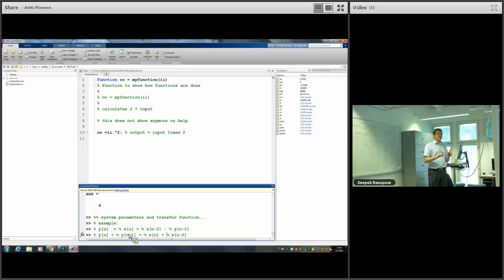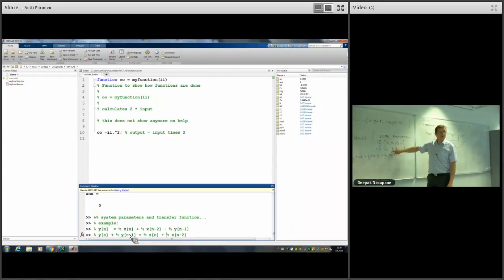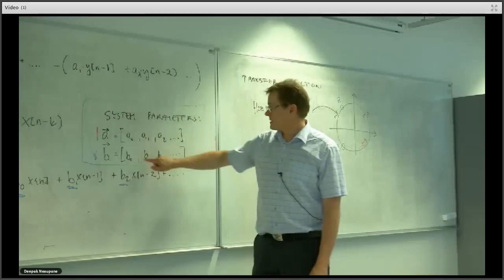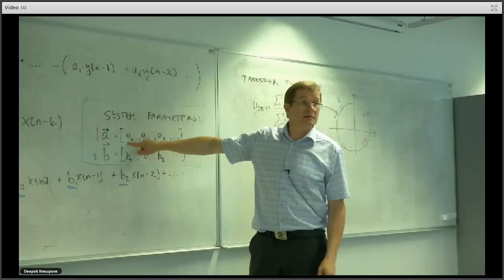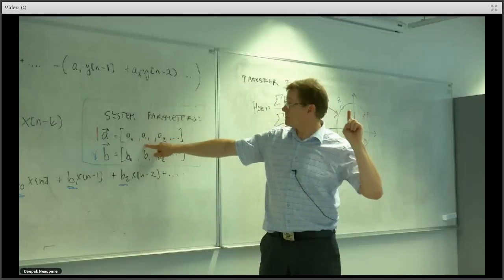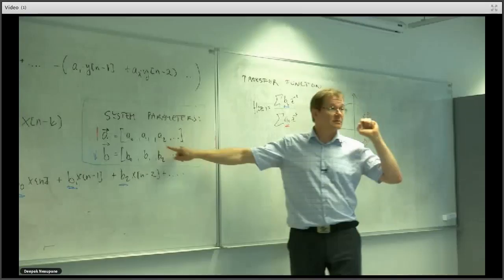If I formulate a vector which has just those half and half, it doesn't have any information about the x of n minus 1. So each of these vectors must have it there. So I have half, what is that one? Well, it must be 0. Right, so the vector is half, 0, half. For the a vector, the scaling factor for y of n is 1. Then the second term is half plus half. The third term, if you want to put it there, will be 0. Okay.